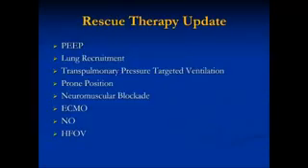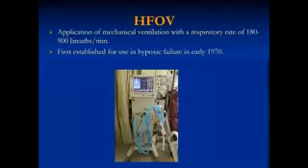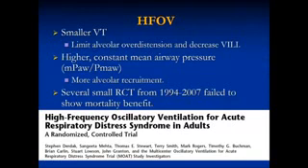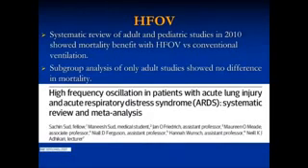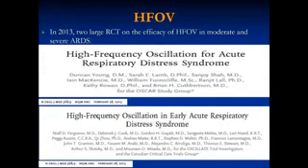So, high frequency. This used to be popular in the past, and the idea is that you want to deliver small volume at a rapid rate, to maximize mean airway pressure to improve oxygenation, and at the same time decrease lung injury. Several trials showed improved oxygenation, no mortality benefit, until we had these large trials, Oscar and Oscillate. Both were published around the same time, about 4 or 5 years ago.